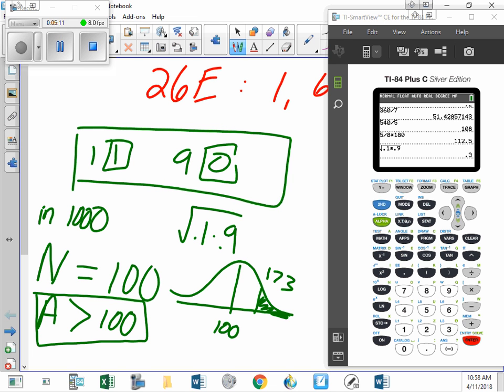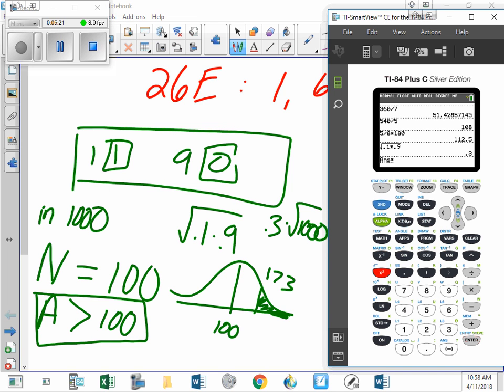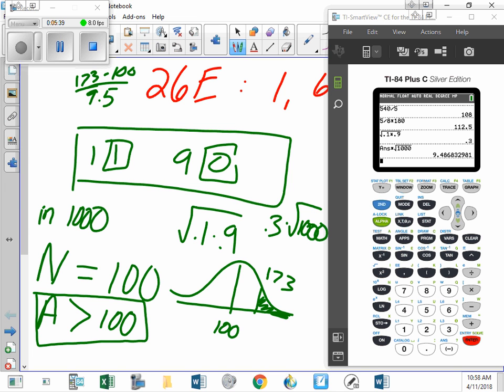Okay, so I take 0.3 and I multiply it by the square root of 1,000 to get the SEN. So times the square root of 1,000, and I get 9.48. Okay, so 173 minus 100 over 9.5.